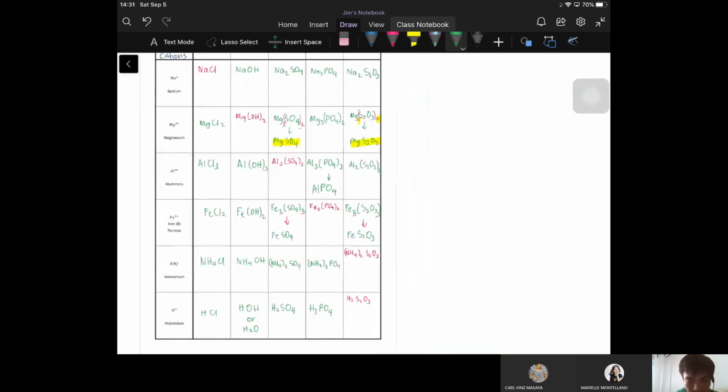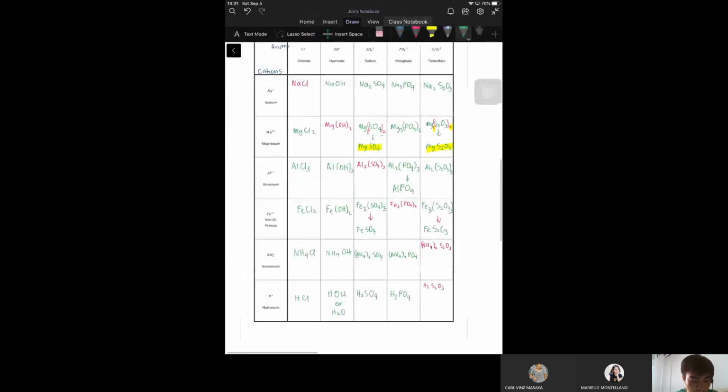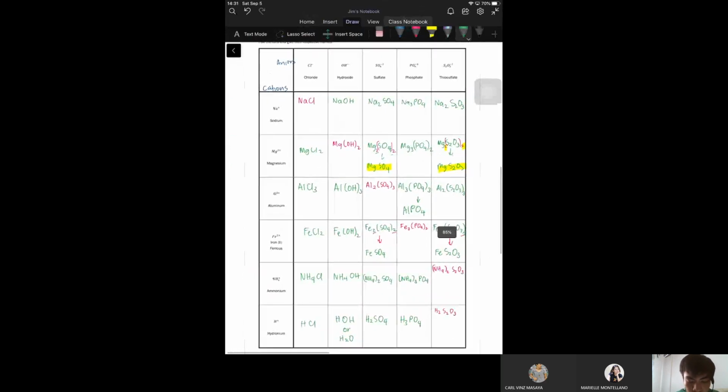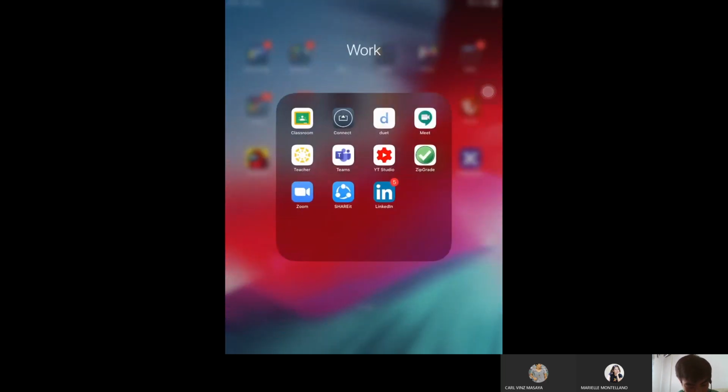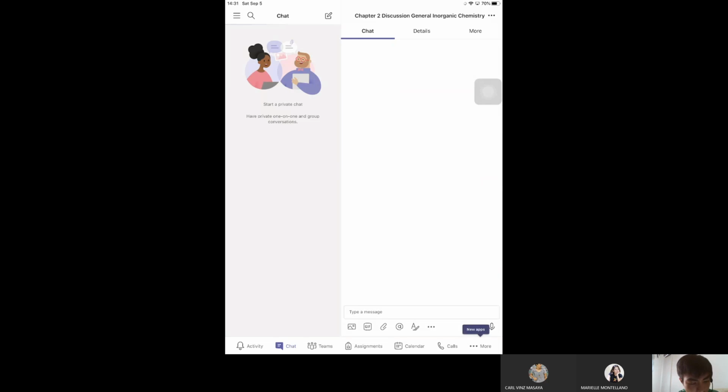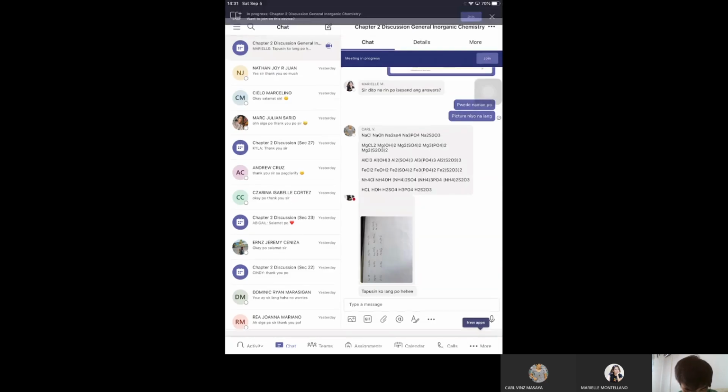Upload ko sa Teams yung table ng answers natin. Just take note that yung parenthesis, if same lang naman ng number yung subscripts nila, pwede mo na sila i-erase, pwede mo na sila i-simplify as 1. Keep in mind nyo na lang yun.